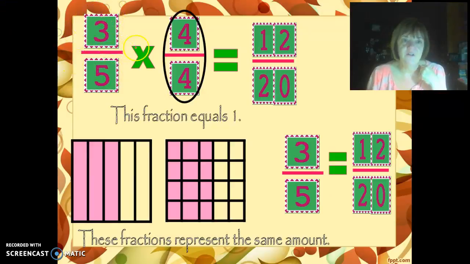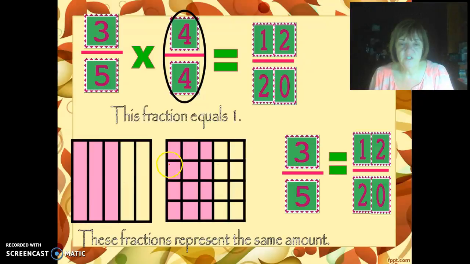We've got 3/5 here. And I'm going to change it to an equivalent fraction by multiplying it by 4 over 4, which equals 1. It becomes 12 over 20. Okay, 12 over 20. Notice, I've also got some boxes to show you. All right, 3/5. Here's pretty much a square, right? It looks like a square. But anyway, 3 out of the 5 are colored in.